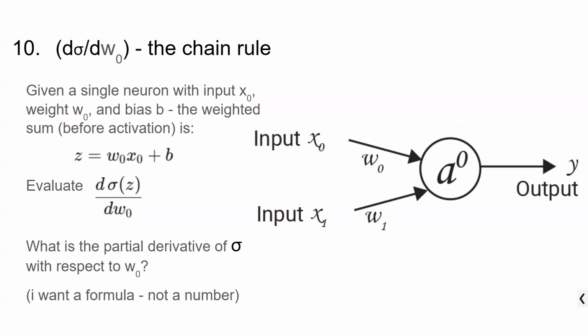So hopefully you can see what this would look like, but I would argue that the formula is exactly the same. The formula of d sigma dW0 is exactly the same. The approach computationally is exactly the same.